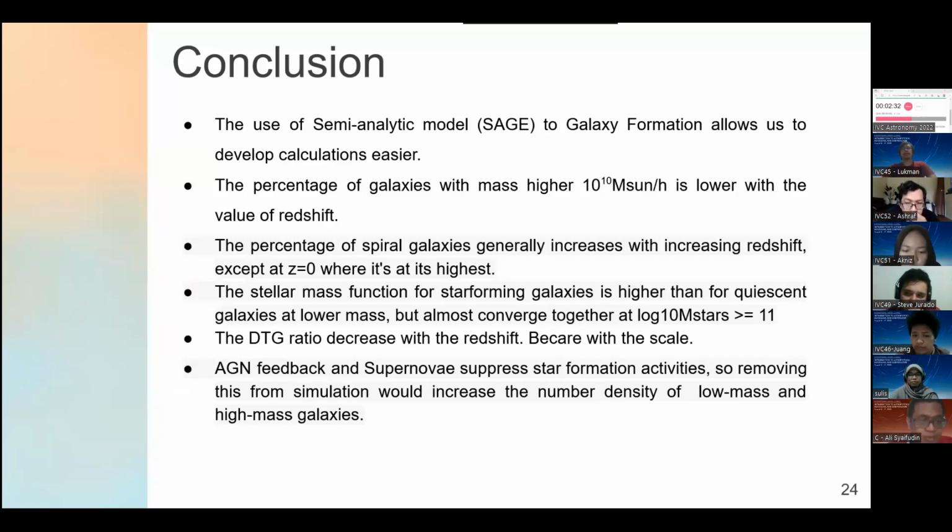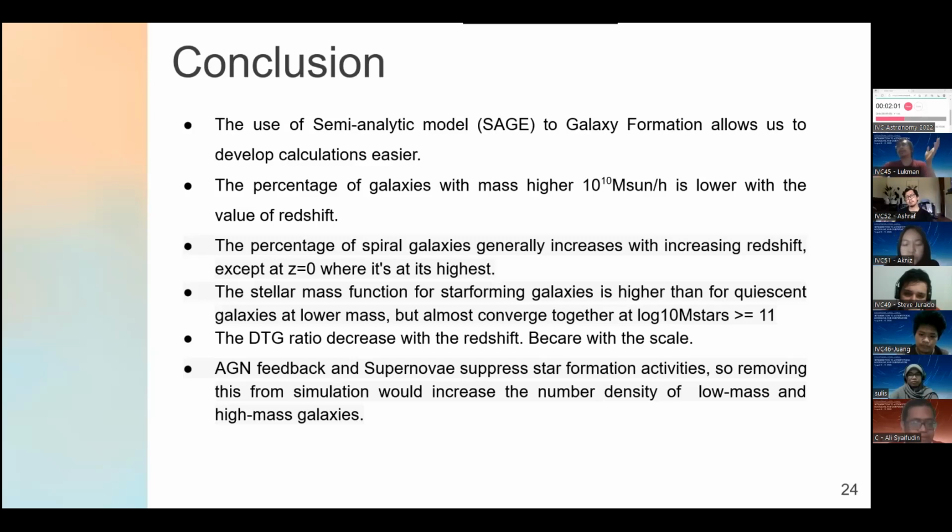When we observe something with a high redshift, we're observing something that comes from really far away, so it takes a really long time to reach us, and we can also generally say that something with a high redshift is older.